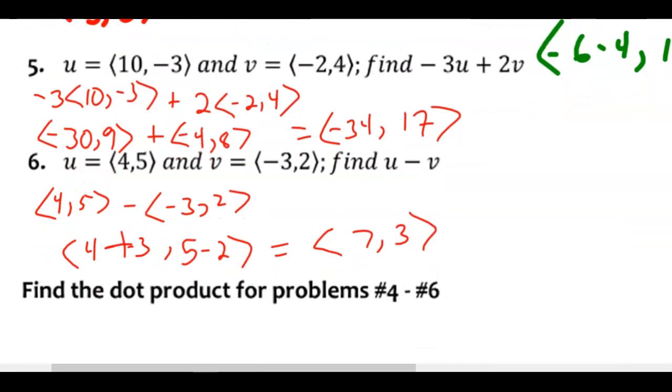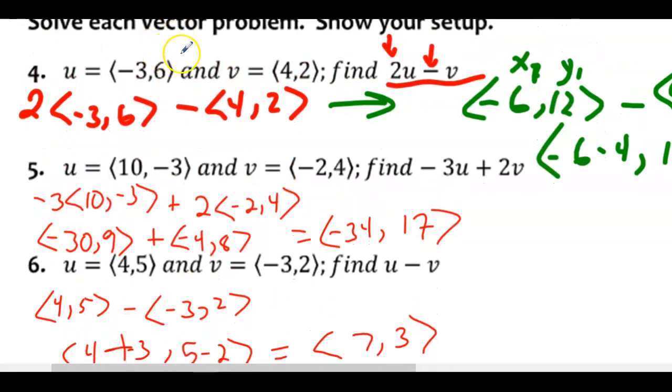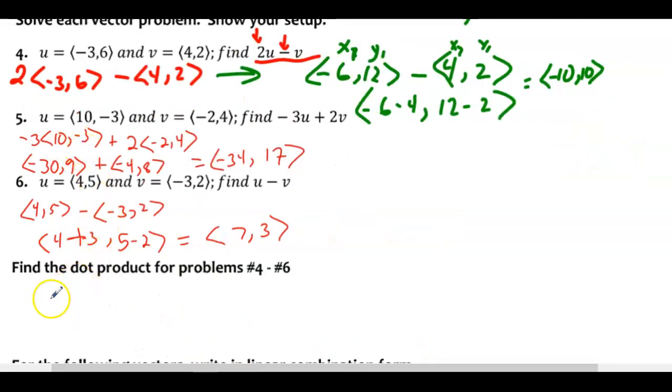It says find the dot product of 4 through 6. So we're going to use these actual values right here. I'm going to make this smaller again so I can see everything on the screen. So remember dot product, guys.